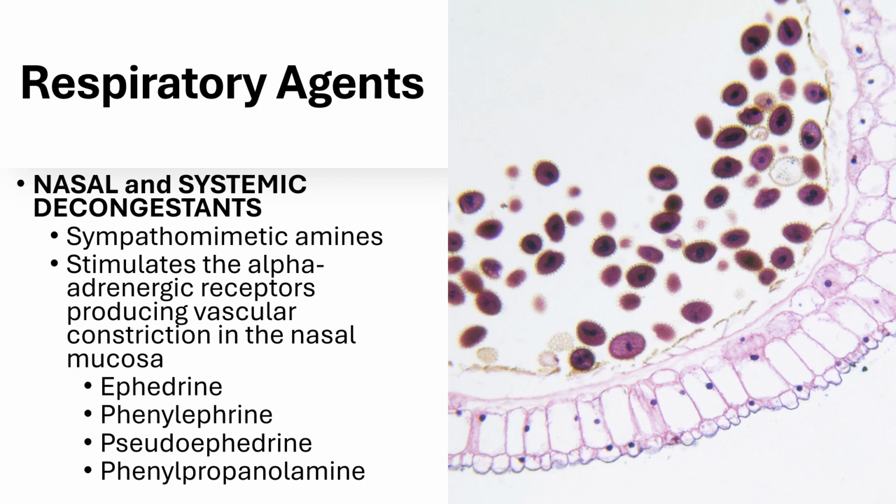Then you have your nasal and systemic decongestants, sympathomimetic amines. They stimulate the alpha-adrenergic receptors, producing vascular constriction in the nasal mucosa, such as your ephedrine, phenylephrine, pseudoephedrine, and phenylpropanolamine.